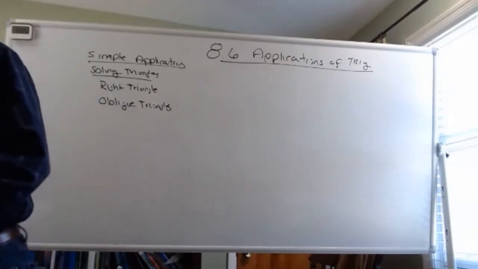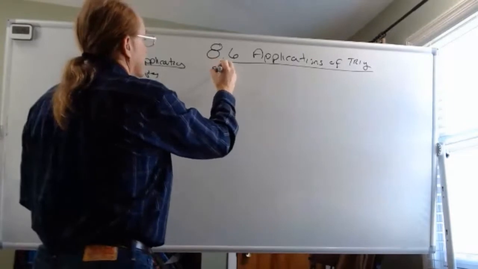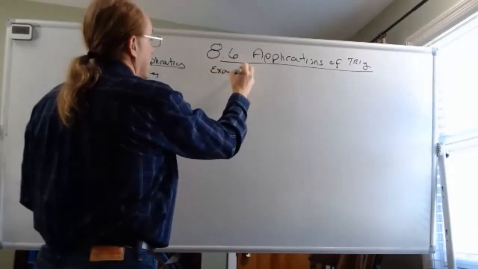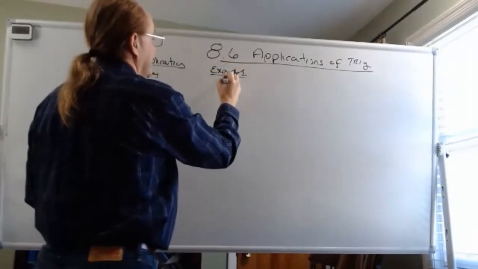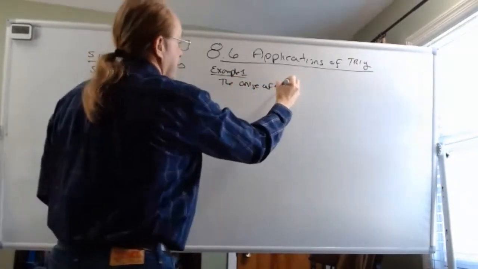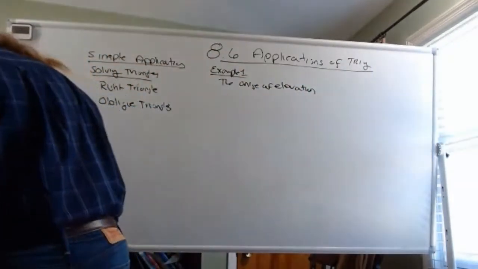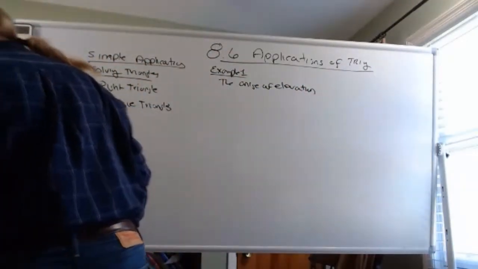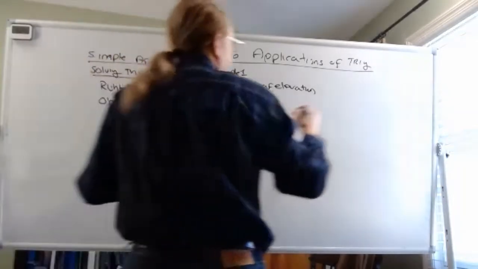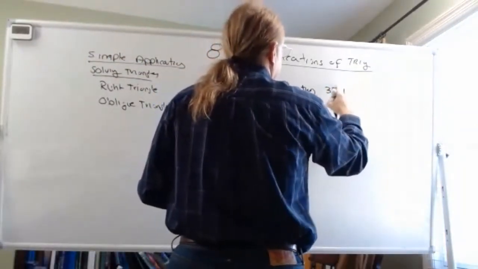Here's example 1. It says the angle of elevation of the sun is 35.1 degrees. Now I'll give you pictures on the test, so you'll see these.